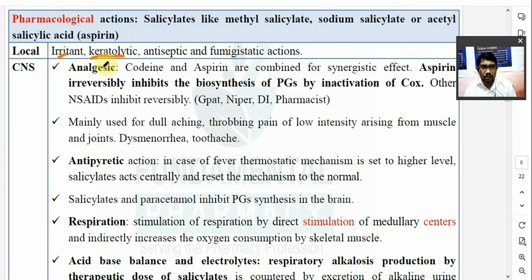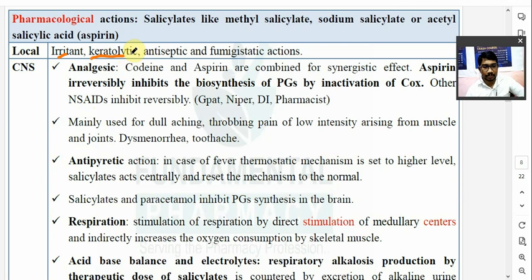So you might have seen, if you get a wart or a big tissue development in your foot, that can be removed by acetylsalicylic acid.